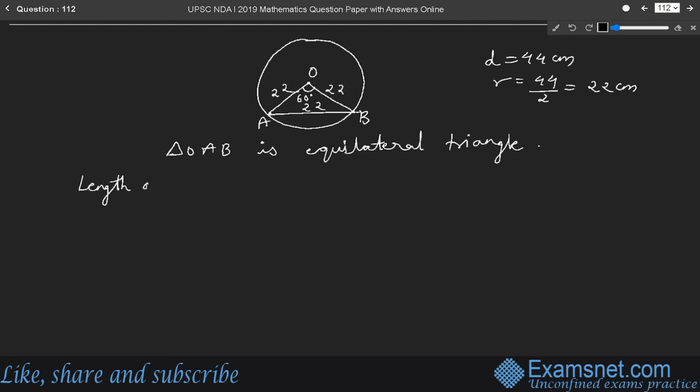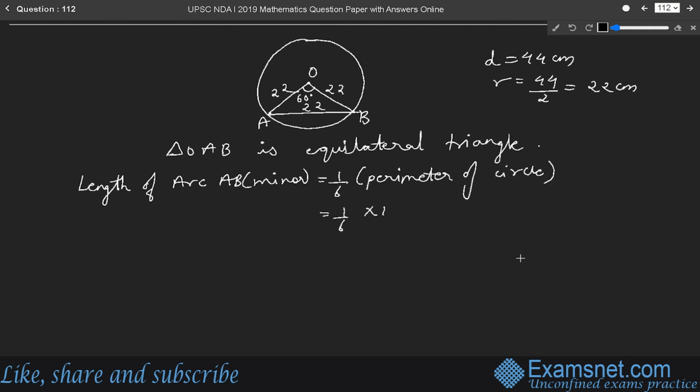So length of arc AB, which is minor, will be equal to 1 by 6 into perimeter of the circle, which will be equal to 1 by 6 into pi r square, or it can be written as 1 by 6 into 22 by 7 into 44.